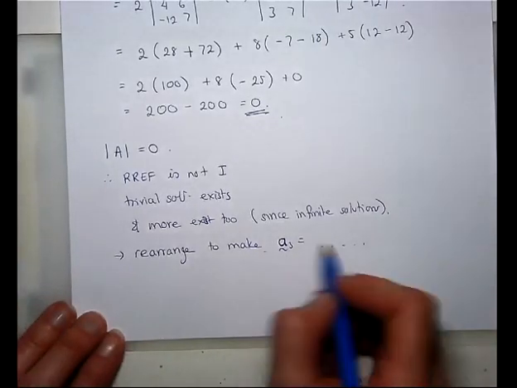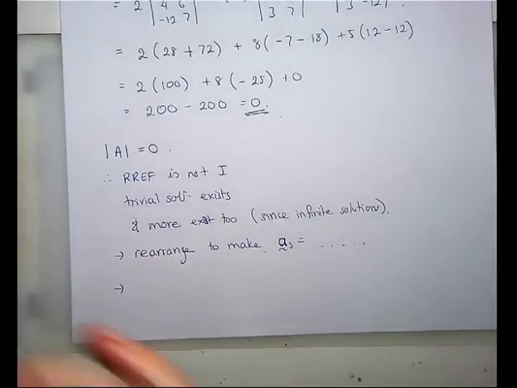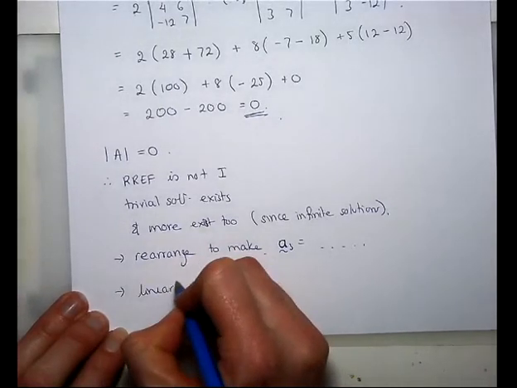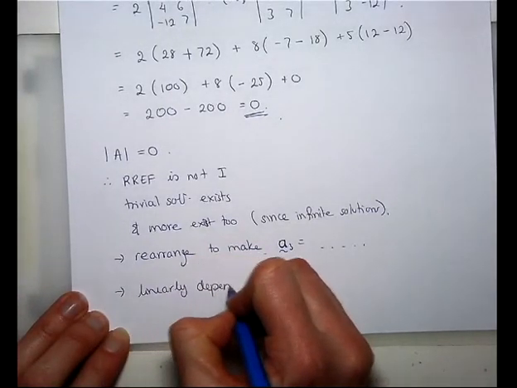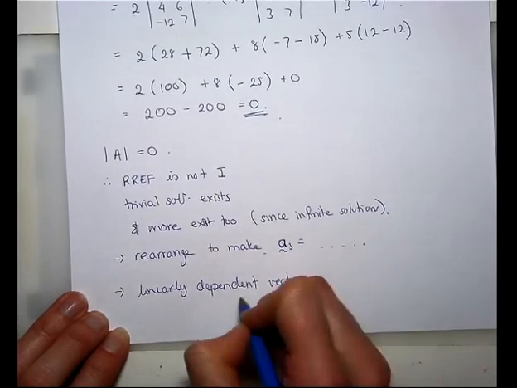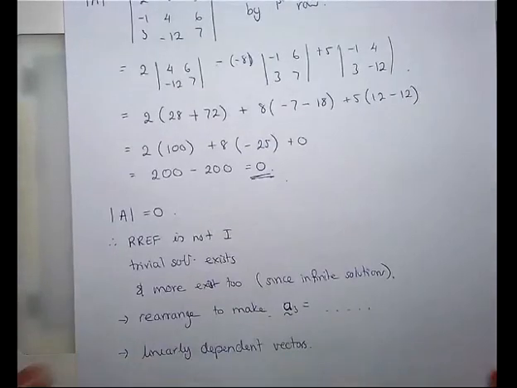And then this one will depend on the others. So as a whole set, you call them linearly dependent. Linearly dependent with an E, not with an A. Linearly dependent vectors.